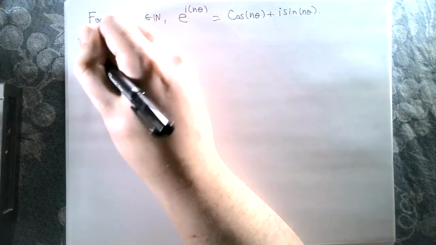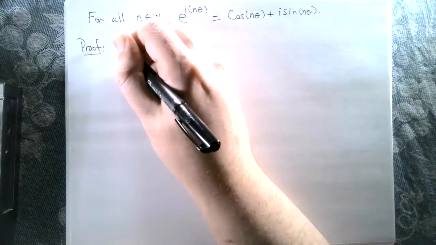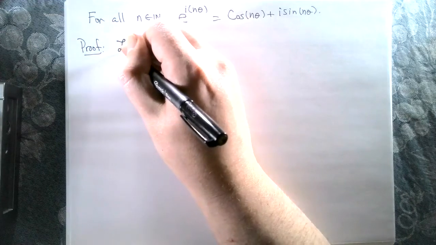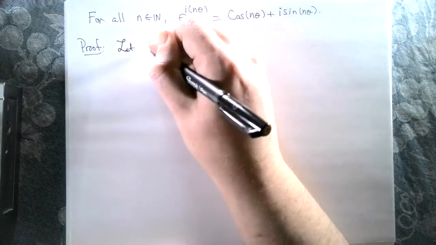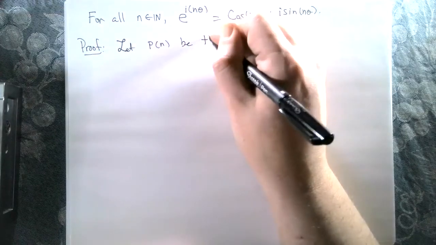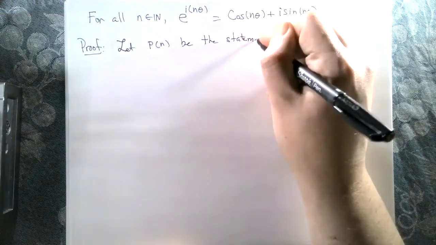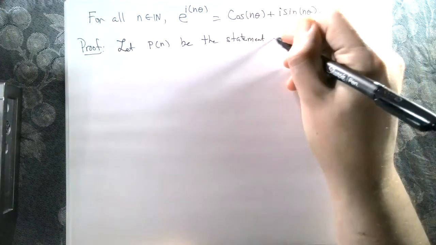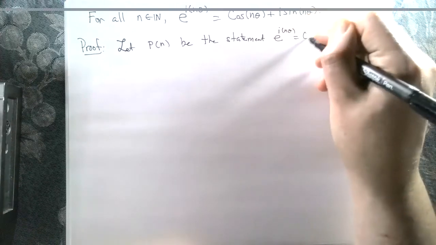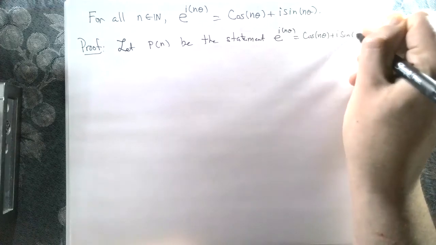And so let's start our proof. I'm going to say let P of n be the statement e to the i n theta is equal to cosine of n theta plus i sine of n theta.